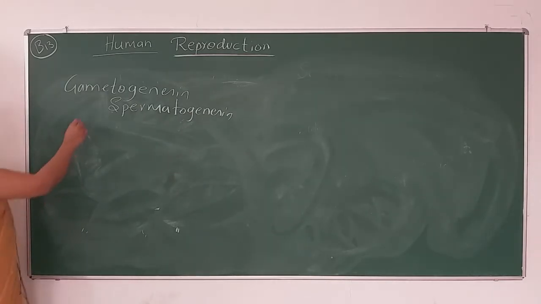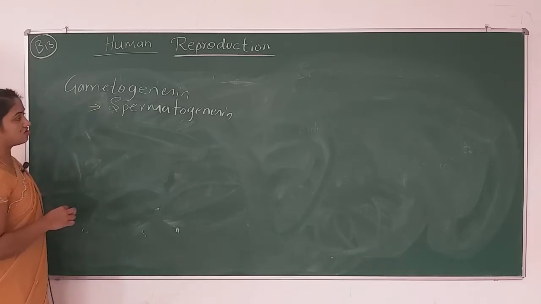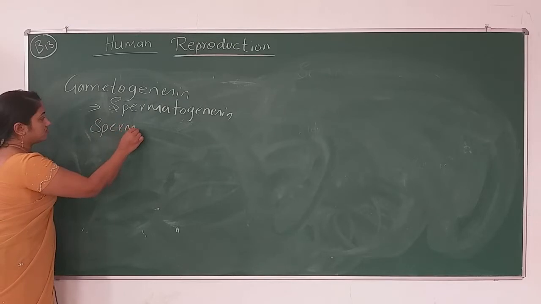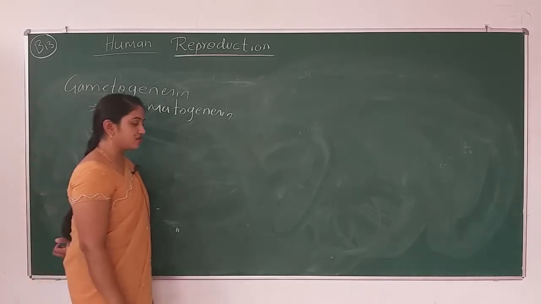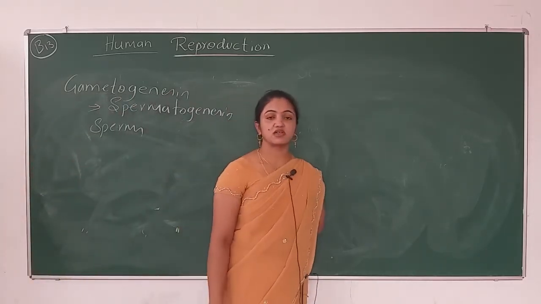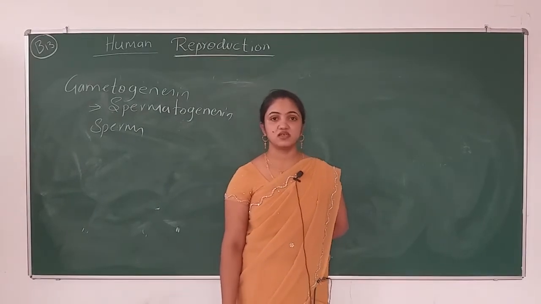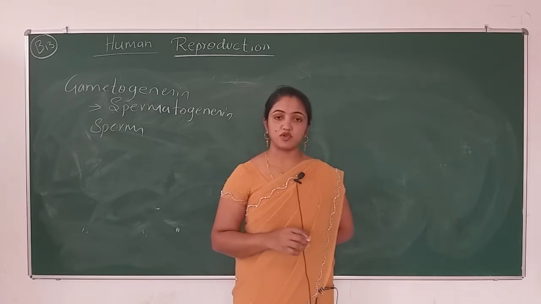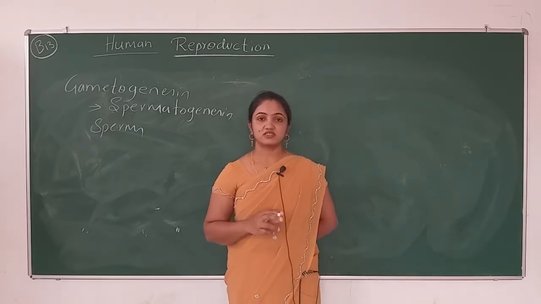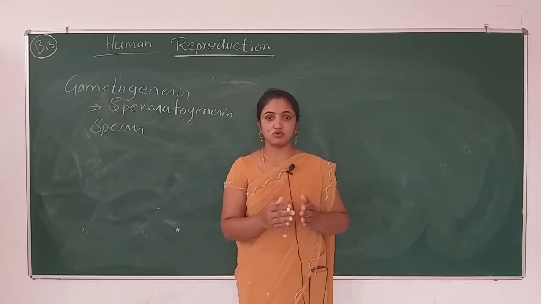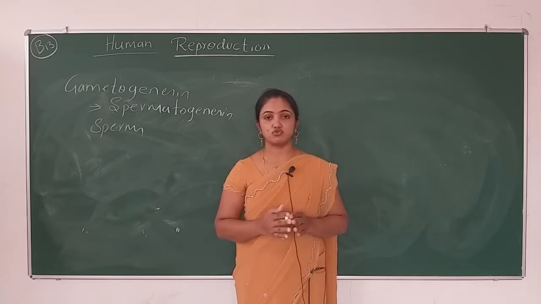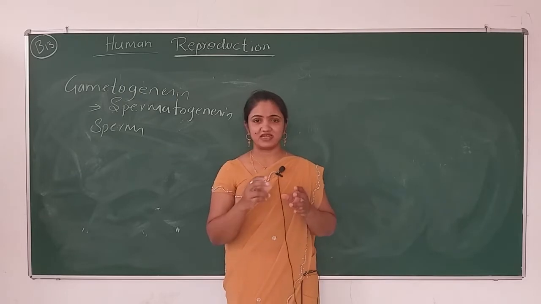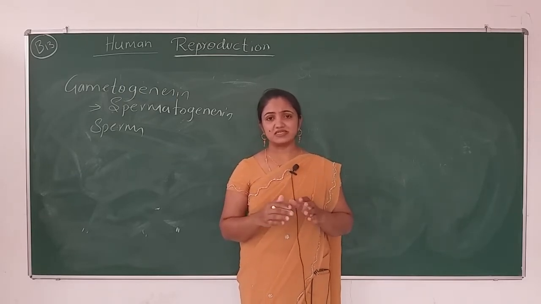Spermatogenesis, as I told you, is the synthesis of male gametes, or sperms. In the before-last session we were talking about the structure of the testis. There is a pair of testes in the extra-abdominal cavity. The testis is enclosed in the scrotum, a pouch-like structure having very thin, soft muscles.